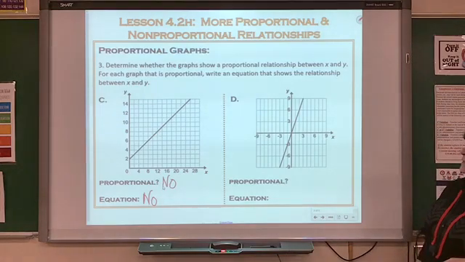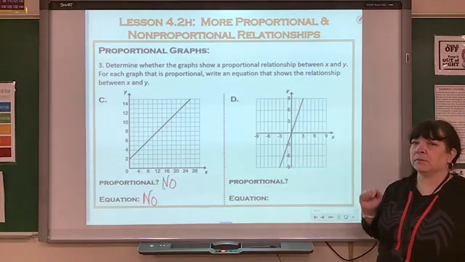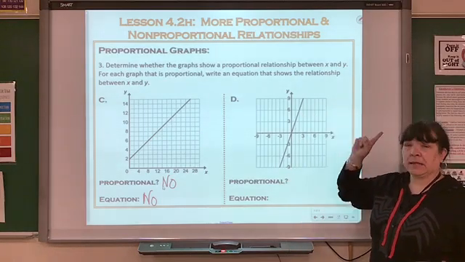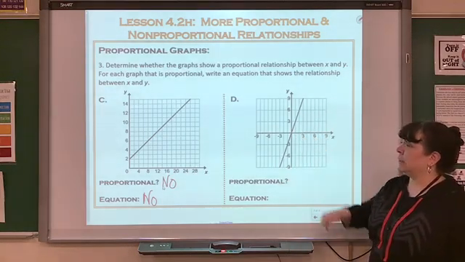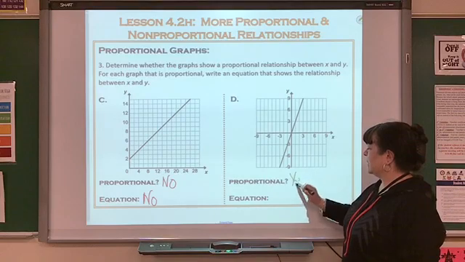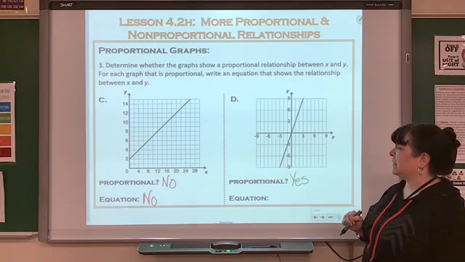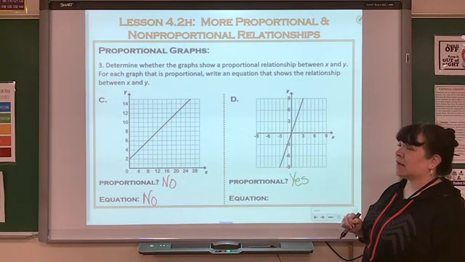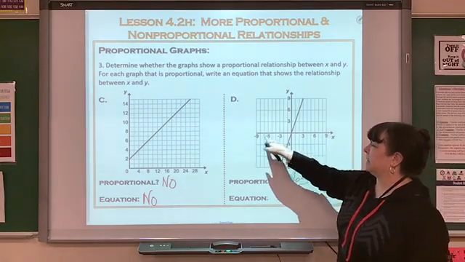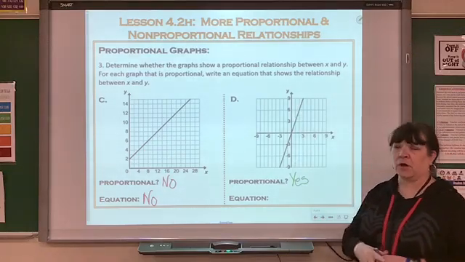Our next one, D. This contains all 4 quadrants. But remember the example that we drew: as long as it's a straight line and it goes through the origin, then we would say that this one is proportional. How to figure out what to do with this? On our graph, we just see 3, 6, 9, -3, -6, -9.